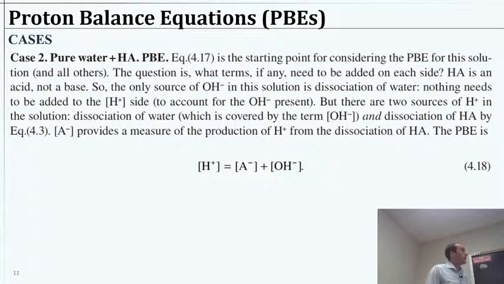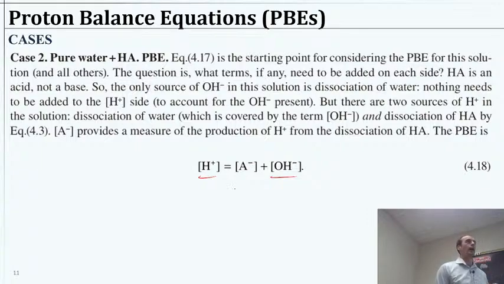Okay, for the second case, pure water and HA. Here we have a source of H plus. So we would start with the water, right? So H plus and OH minus are going to be there. The only other thing we have here is HA and A minus. Now, only one of those species contributes to either adding H plus or OH minus. And we can see that when we form A minus, we get an H plus out, right?